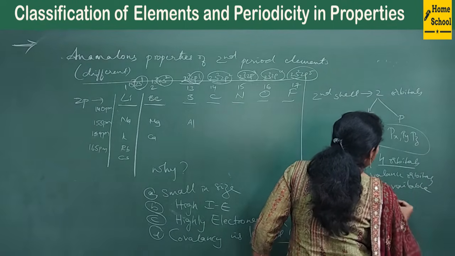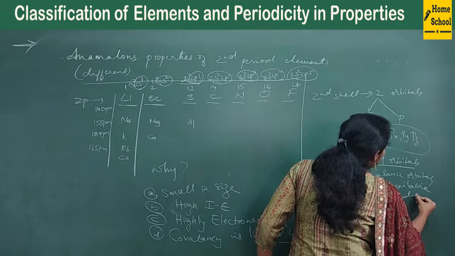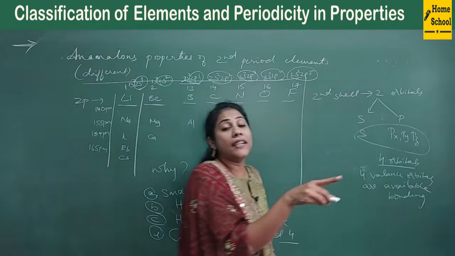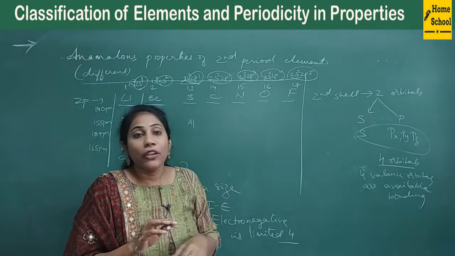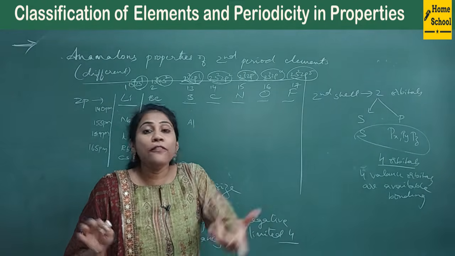So you can expect a maximum of only 4 bonds around these elements. They cannot make more than 4 bonds.